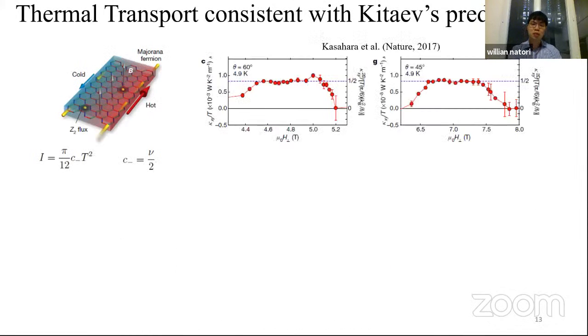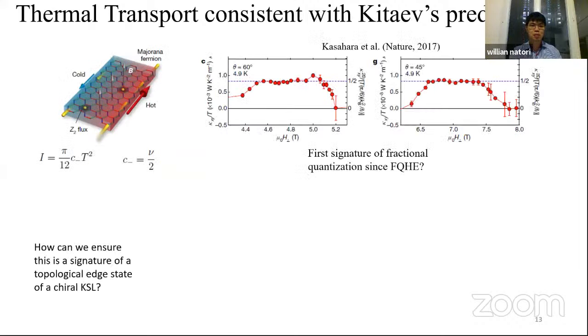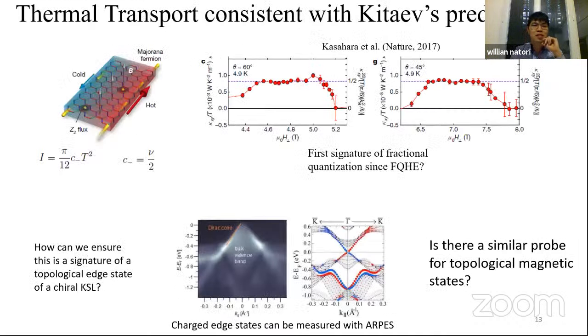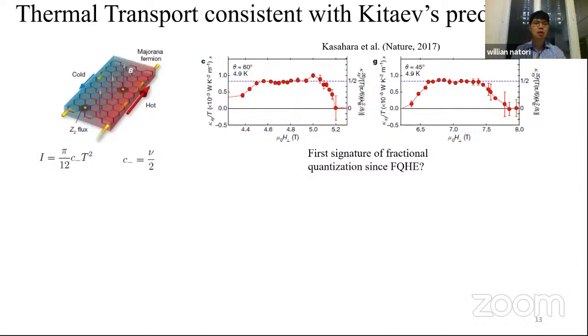And most interestingly, the experiment was done in ruthenium trichloride, in which you apply a magnetic field to the sample and measure the thermal conductivity on the borders.